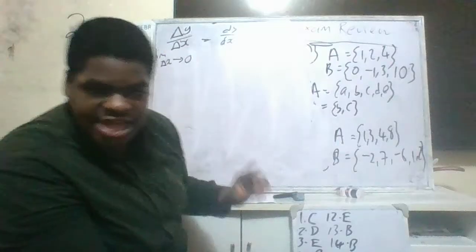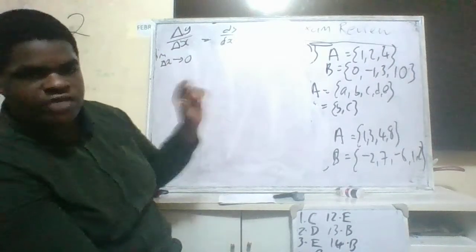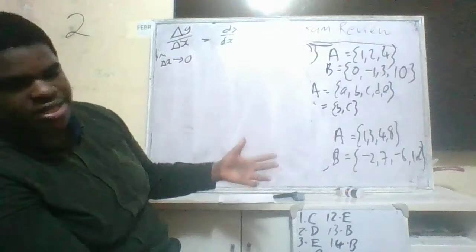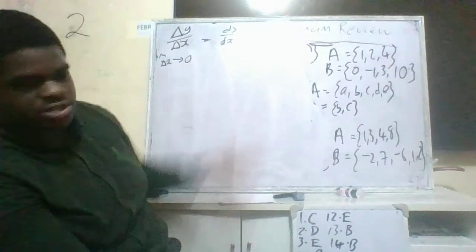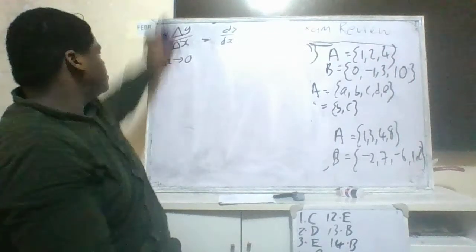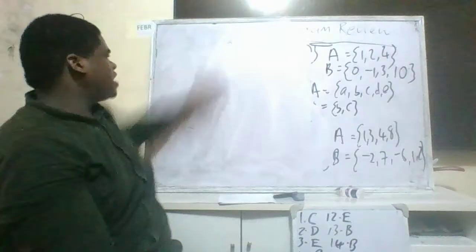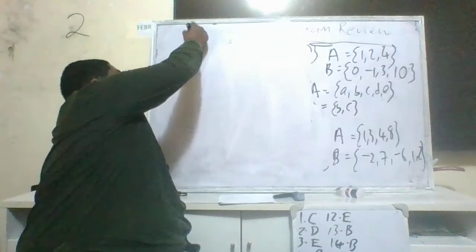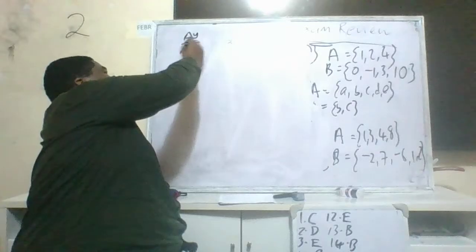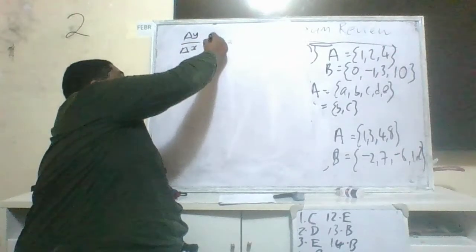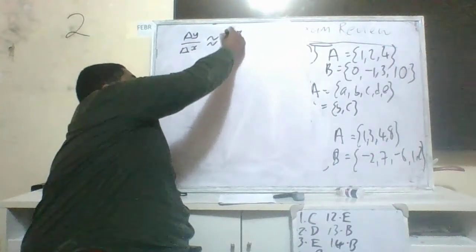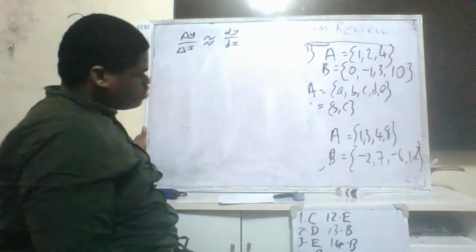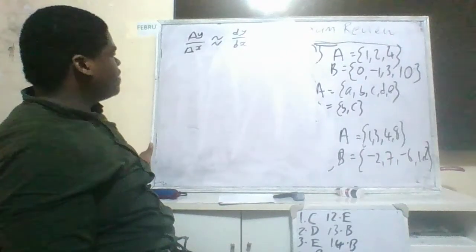But what if your change in x is not tending towards 0? What if your change in x is actually big, like maybe it's equal to 1 or 0.1? It's not actually equal to 0, it's not tending towards 0. Well, that would mean that change in y over change in x would be approximately equal to dy/dx.